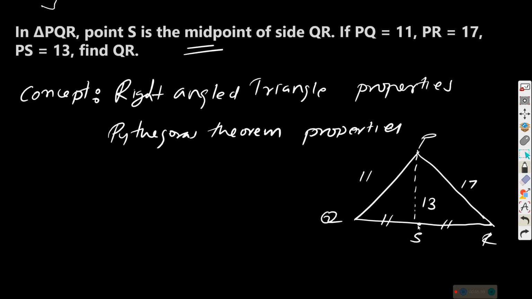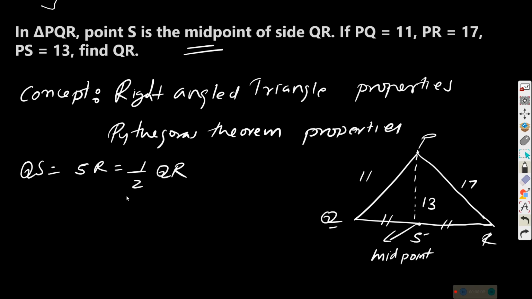These two are equal because S is the midpoint, and that midpoint word is what is giving us all the clues related to this, correct? So we understand that in that case QS is equal to SR is equal to half of QR, we can simply write, because S is the midpoint. Half of QR it is, which is very important in this context.